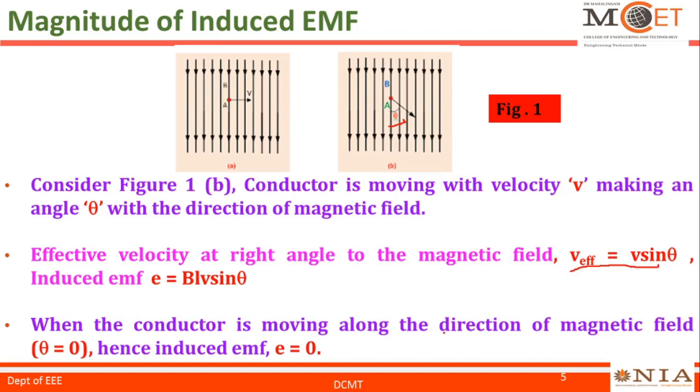When the conductor is moving along the direction of the magnetic field, as in figure 1c, theta becomes naturally 0. So sin 0 is 0. Hence induced EMF E is equal to 0.